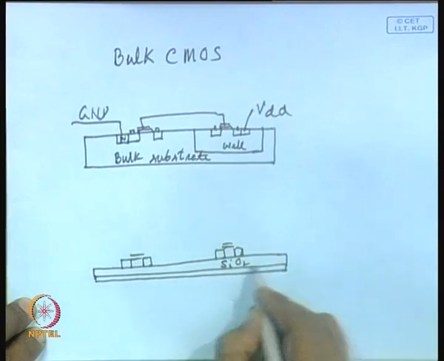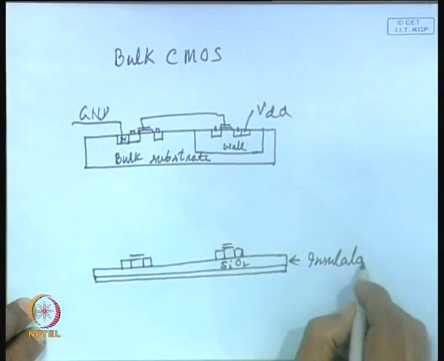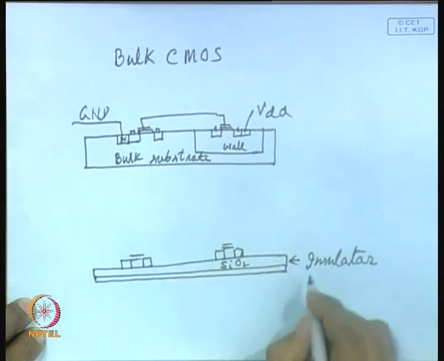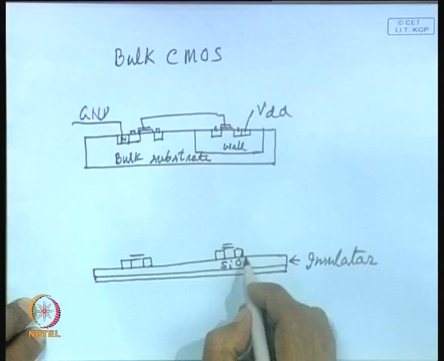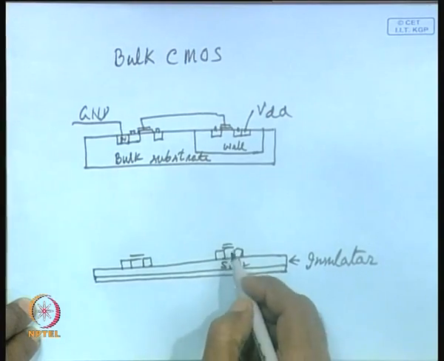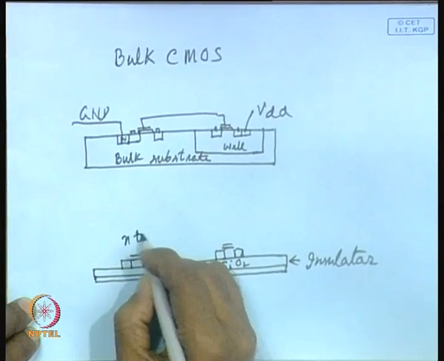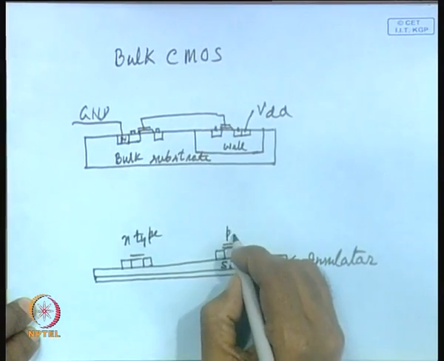This is an insulator, and on top of this insulator you are creating different transistors, and then of course, you will be doing interconnections among them. So, you can create N type transistor, you can create P type transistor.